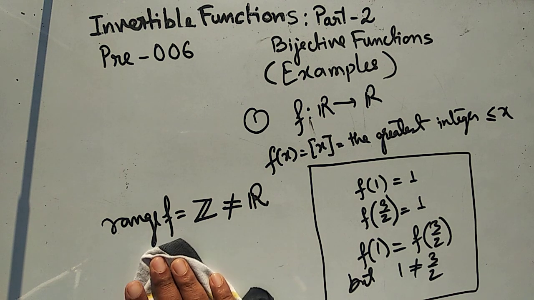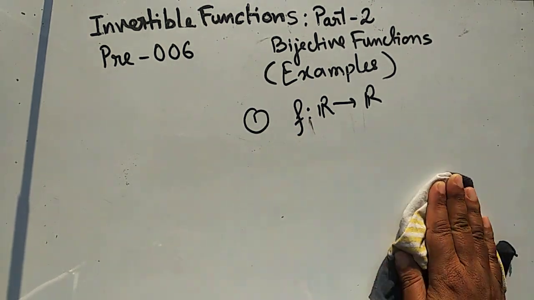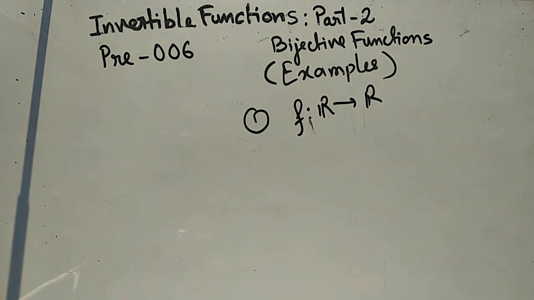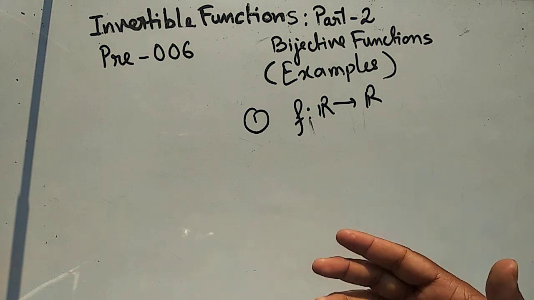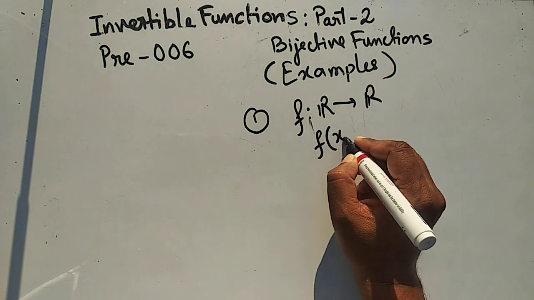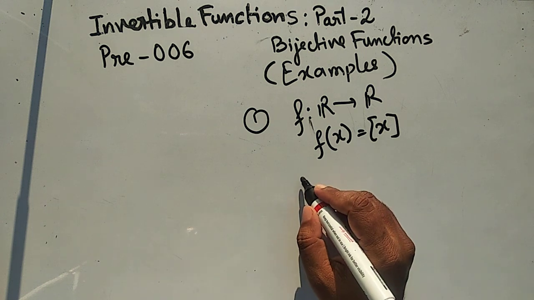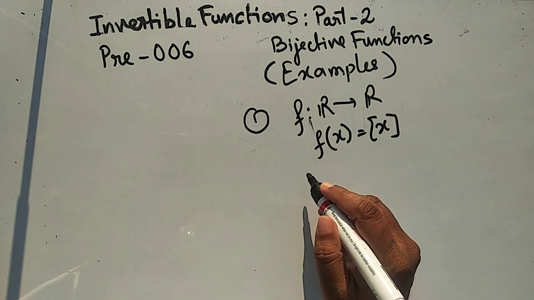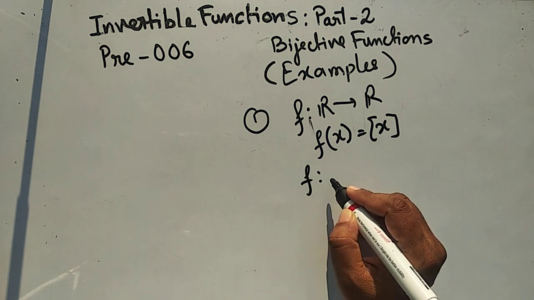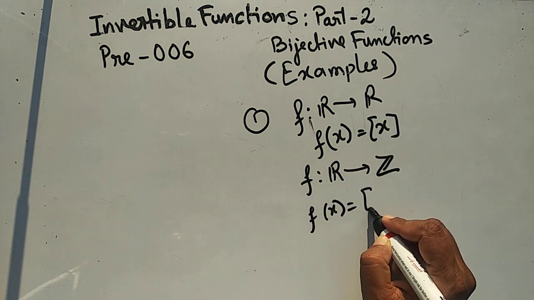So using the theory we developed in part 1, what we learned in part 1, if we use it here, how to make that function bijective if we have the domain R and codomain Z. So first of all I can make f onto by taking R to Z, f of x equal to greatest integer function of x.